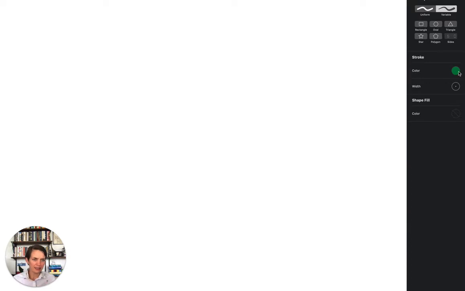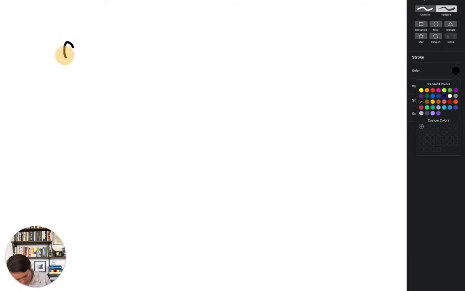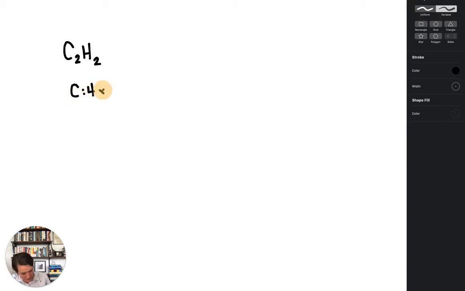So ethylene is C2H2. So we have carbon is 4 valence electrons, we have 2 of them. Hydrogen is 1, we have 2 of them.